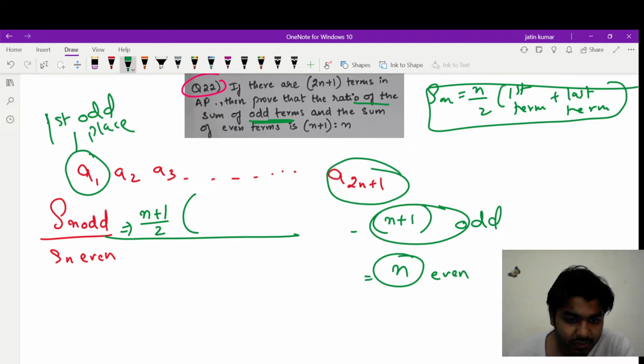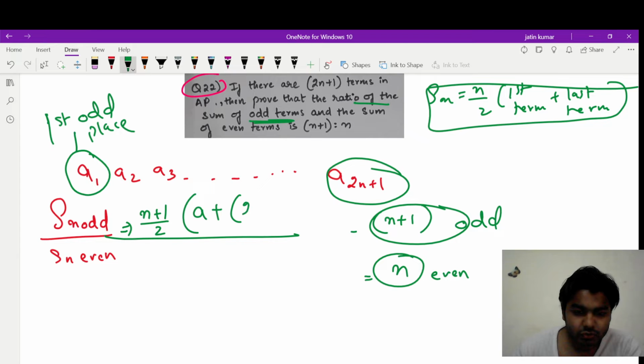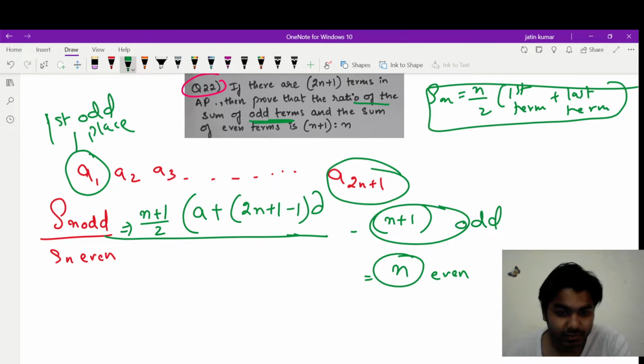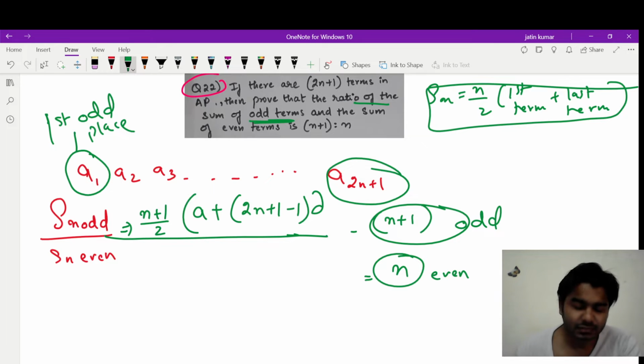So write a plus... the first term will be the first odd value, so a plus it will be (2n plus 1 minus 1) upon... into d. Now you will say why you did not write n plus 1 and you have written 2n plus 1, because we have total 2n plus... sorry, this is the value of the last term.